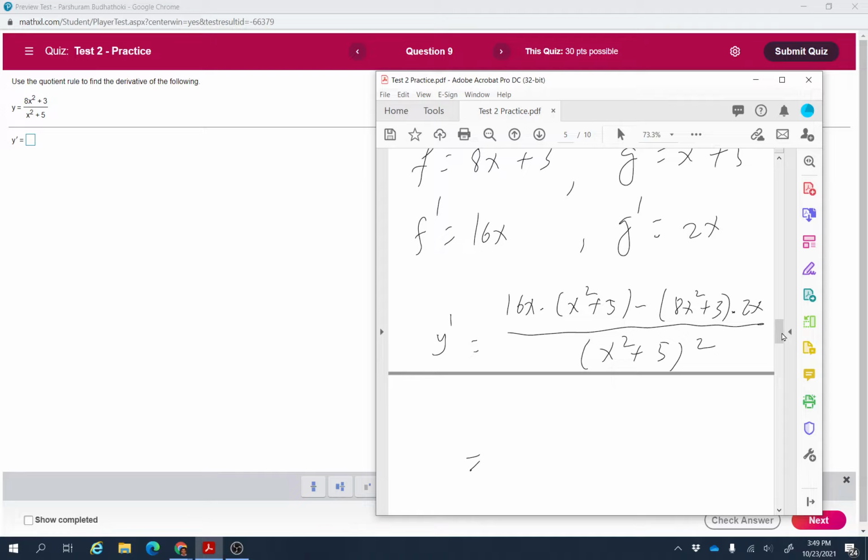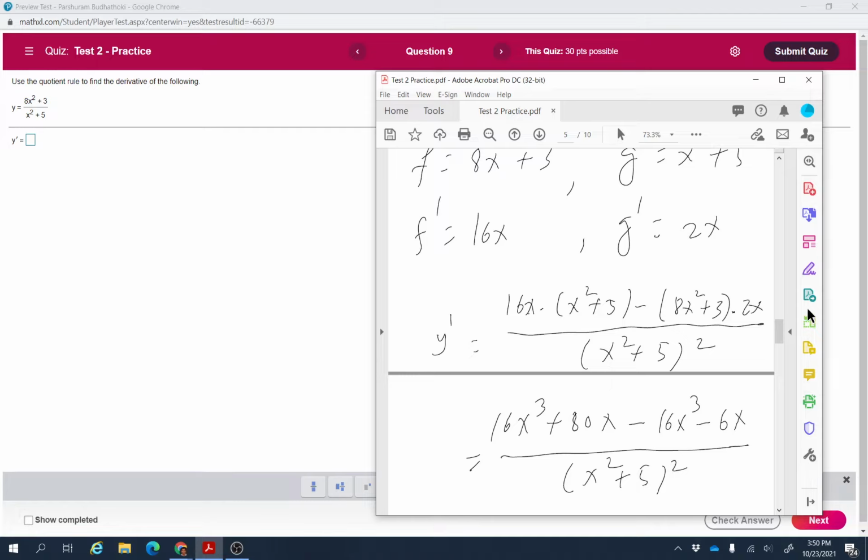Just distribute this 16. It would be 16x cubed plus 16 times 5 is 80x. Here you can distribute negative 2x. So 8 times 2 is 16, x squared times x is x cubed, 3 times 2 is 6x. Make sure that there is a negative sign. So can we simplify it further?